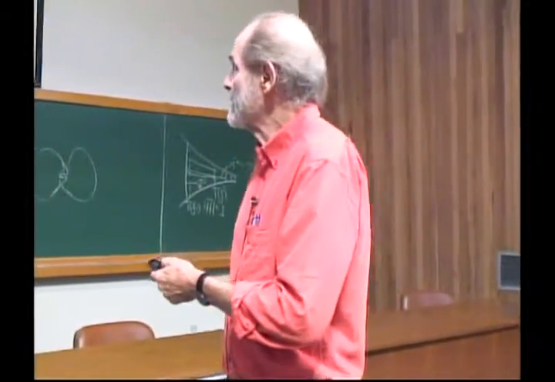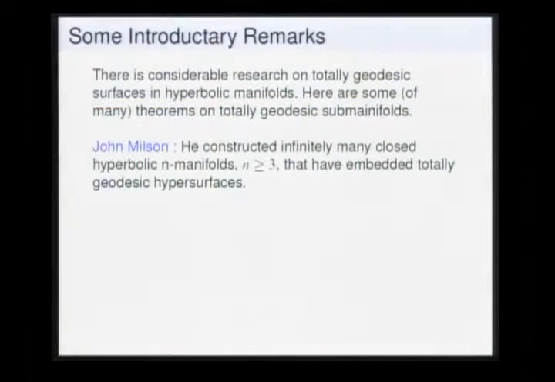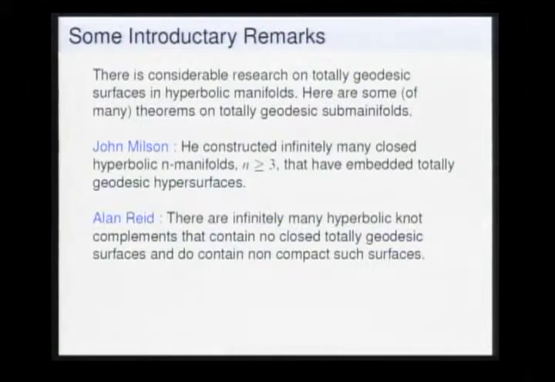I mean, that's the question. But let me just mention some of the theorems in this subject. Millson constructed infinitely many closed hyperbolic n-manifolds that have embedded totally geodesic hypersurfaces. So they do exist very often. There are infinitely many hyperbolic knot complements that contain no closed totally geodesic surfaces and do contain non-compact such surfaces.